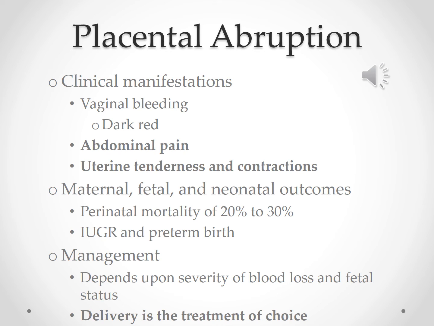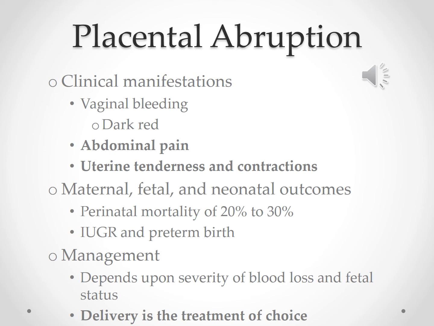If she is someone who has a history of cocaine use, hypertension, maybe a tachysystole, a high resting tone on the uterus, if she's having abdominal pain, even if you're not seeing the bleeding, you still have to think abruption, because it may be that the bleeding is just not manifested because of where the abruption is occurring. And I'll show you an illustration of that on the next slide.